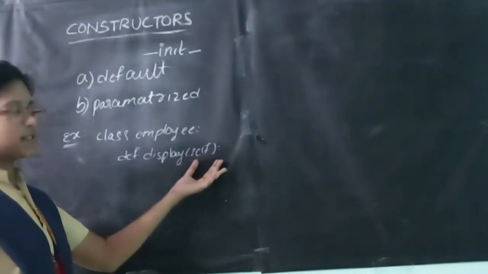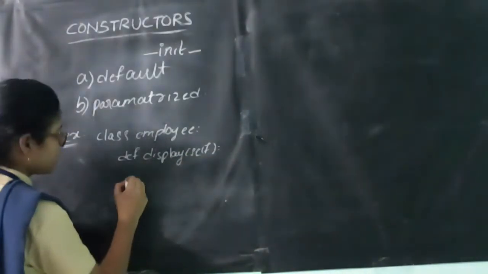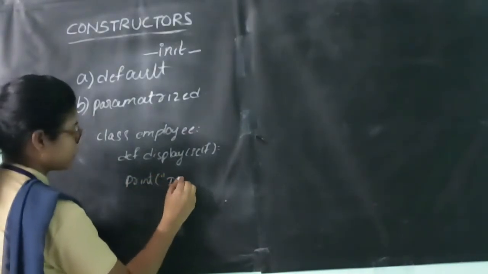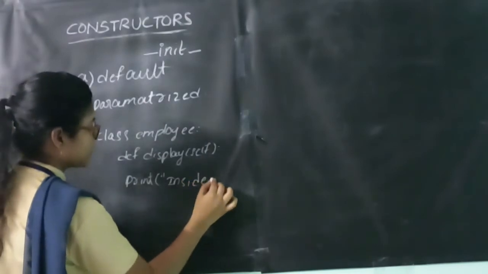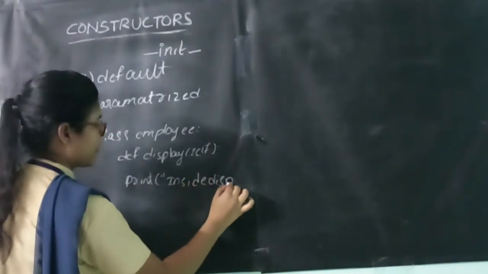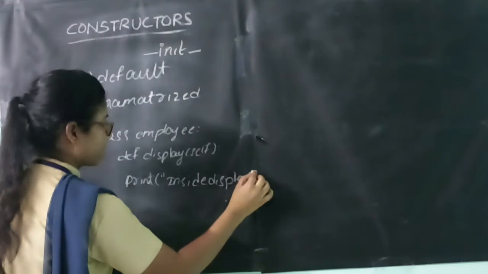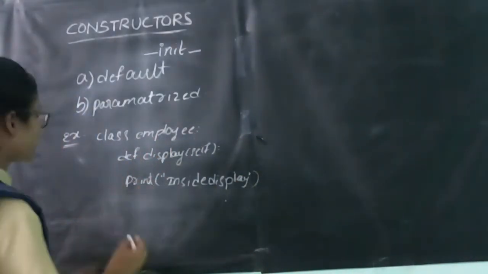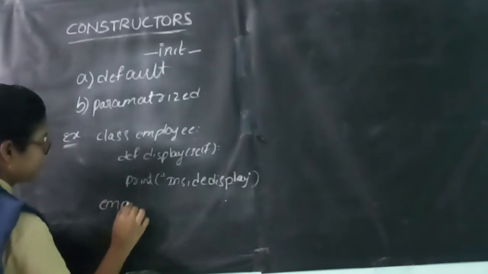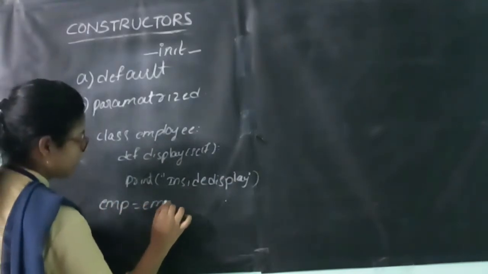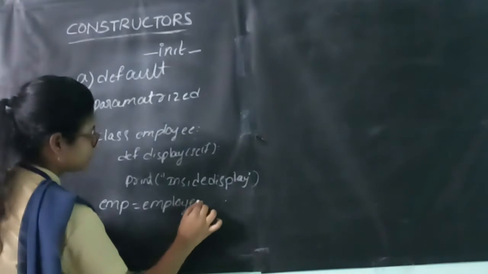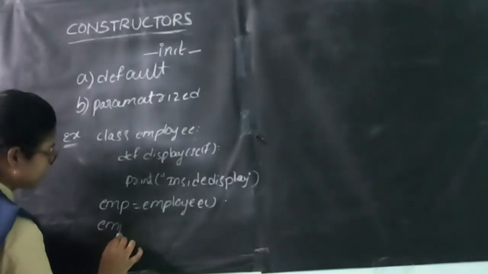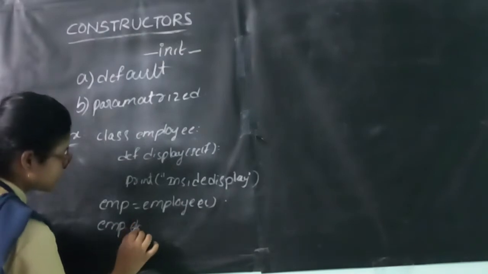I only write self, and now I am going to print a statement, print of "inside display". And now I am going to assign this Employee to emp. emp is equals to Employee of, and now emp dot display of.